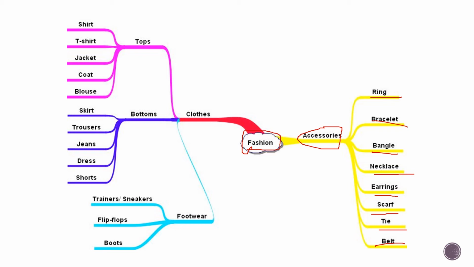And then you realize that all of these are basically part of the accessories. So that's how a mind map really works. If you see clothes, then you've got some other ideas in the clothes: you've got tops, you've got bottoms, and you've got footwear. So these all belong to clothes, right?